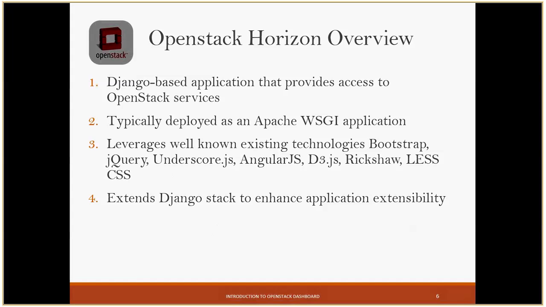As I said earlier, Horizon uses the Django framework, and it extends this framework so that we can enhance application extensibility. We can add more applications to the existing OpenStack dashboard. The end user can add a new application to OpenStack just by modifying the existing code, since Horizon has the privilege to do this by extending the Django framework stack.